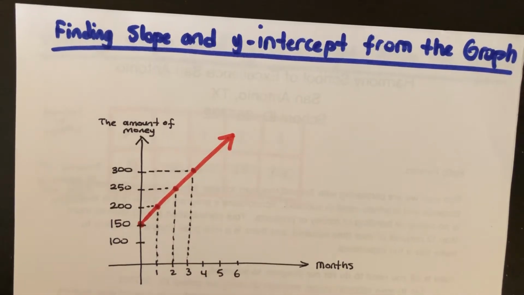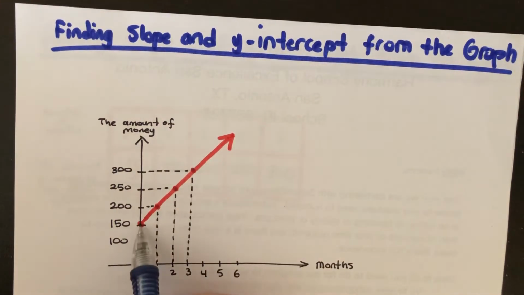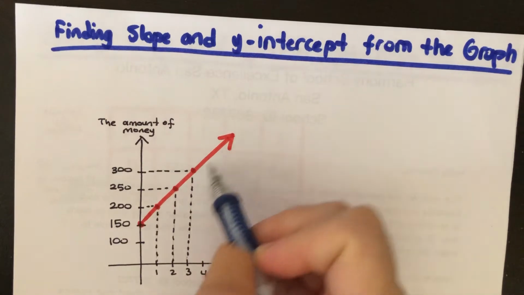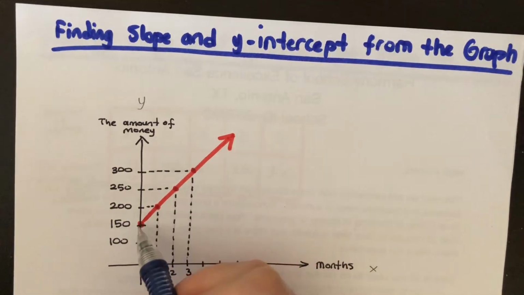Let's talk about the y-intercept first. Whenever you have a graph like this, look at the point where your line passes through the y-axis. So it is the x-axis and y-axis, you know that, right? On the y-axis there's a point here that my line is passing through.